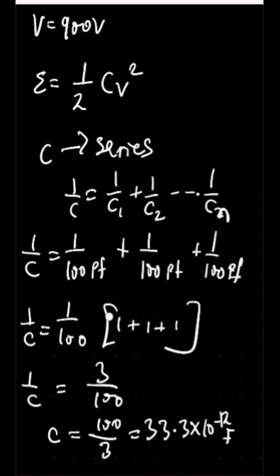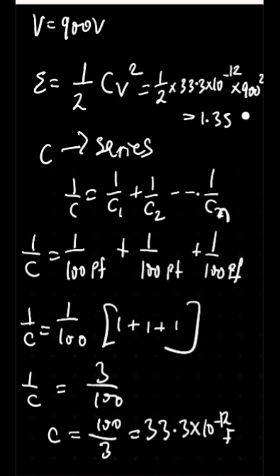So I've gotten my C, I've gotten my V. All I need to do is input it here: 1 over 2 times 33.3 times 10 raised to the power minus 12 times 900 squared. If you do this carefully in your calculator, you will have a value of approximately 135 times 10 raised to the power minus 5 joules.